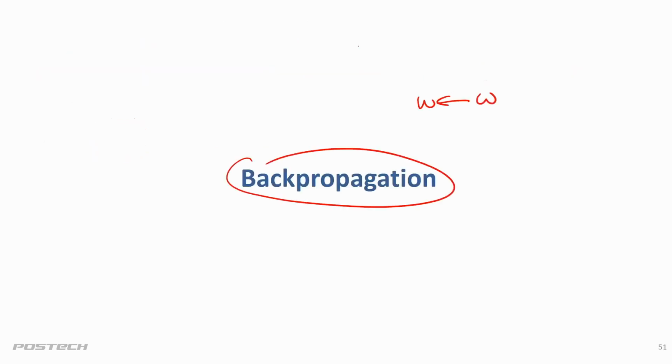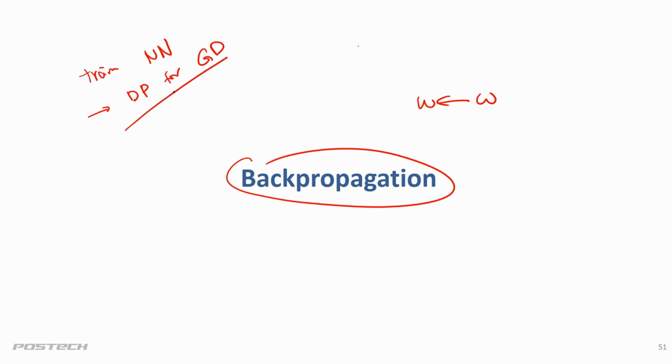And coming back to the original problem that we have, how do you train a neural net? What I'm saying is that I'm going to use DP for gradient descent.